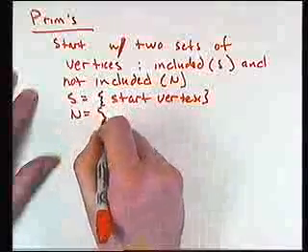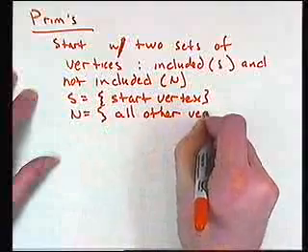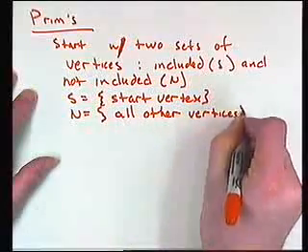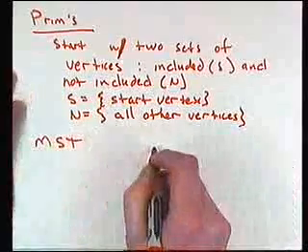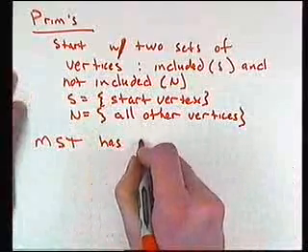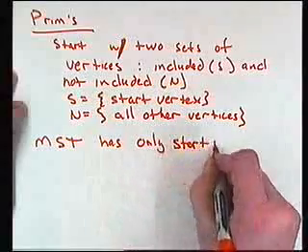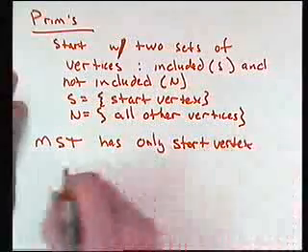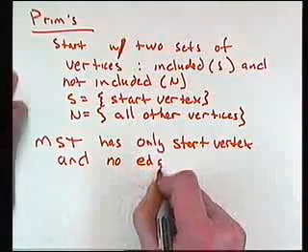N equals all other vertices, and your minimum spanning tree, which we will abbreviate MST, has only the start vertex and no edges.